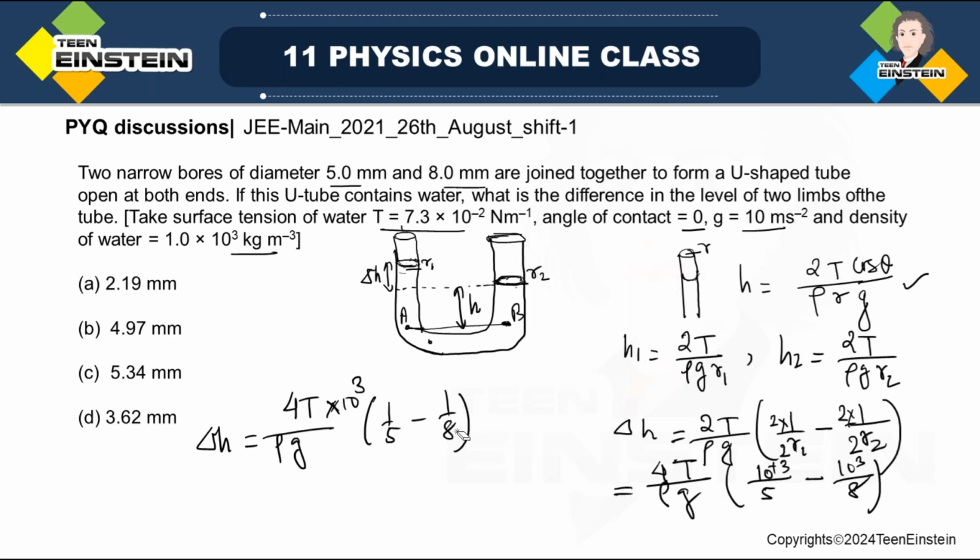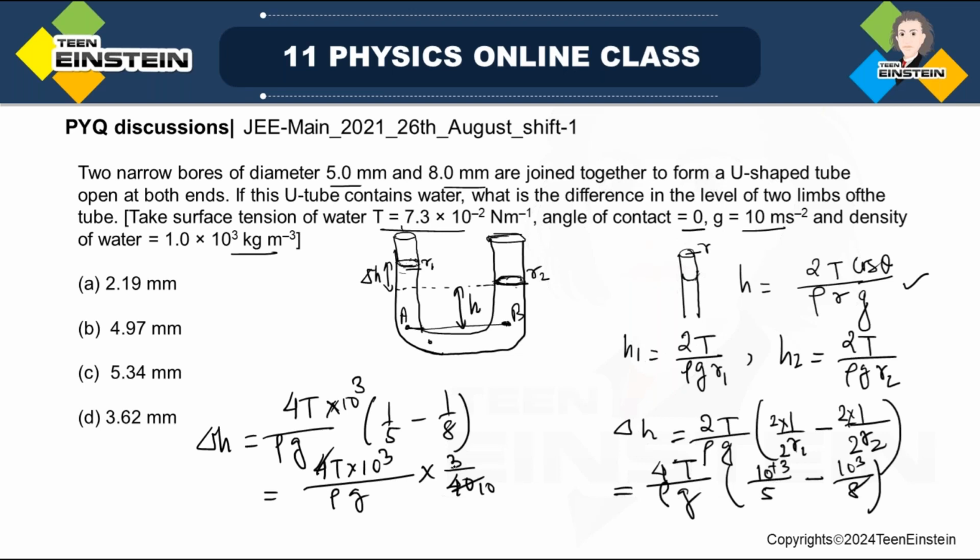So I'll get, let me go ahead with another line, 40 into 10 to the power 3 divided by rho into g into 3 by 40. This 4 will cancel with this.